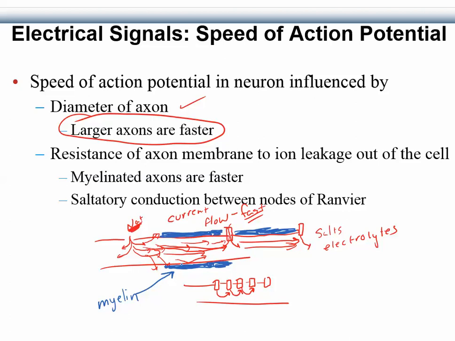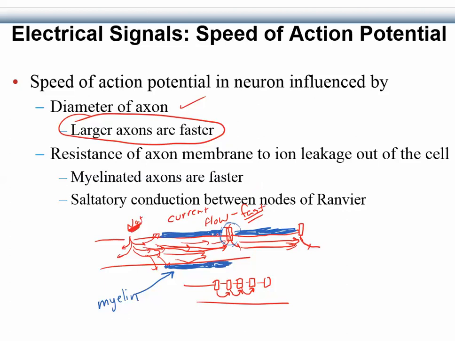what it does is increase this fast conduction here, and recharges it at this point. So we have the voltage-gated sodium channels that recharge it. And then fast current flow again, recharge it again, and then fast current flow again.